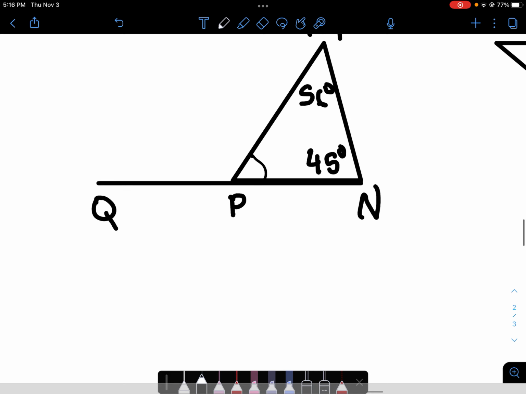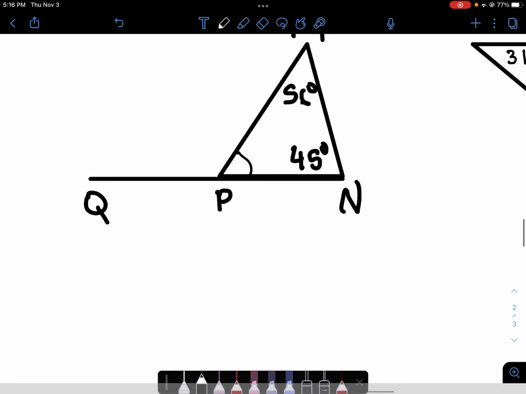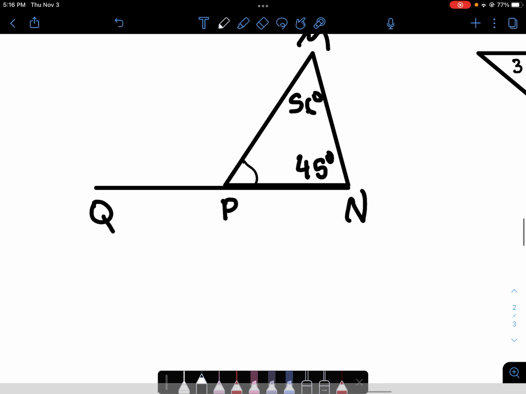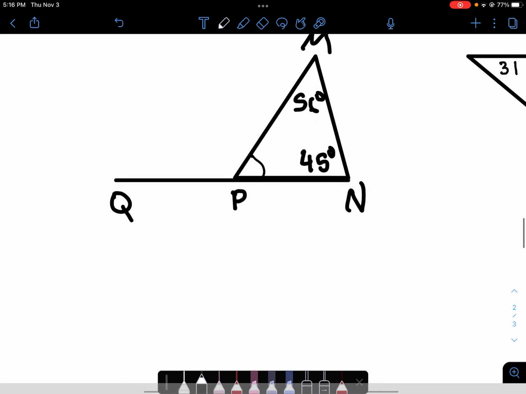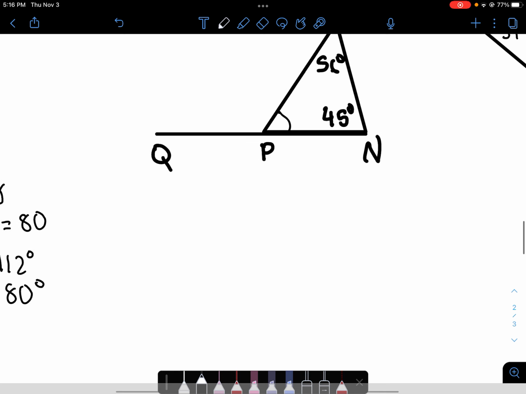This is another similar problem where we find angle MPN and then find MPQ. So to find MPN, we would use the sum of angles in a triangle.